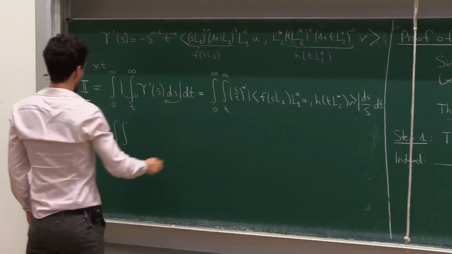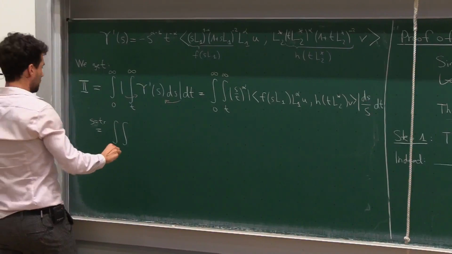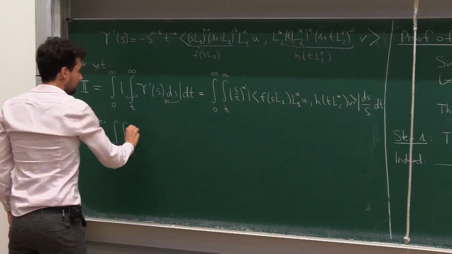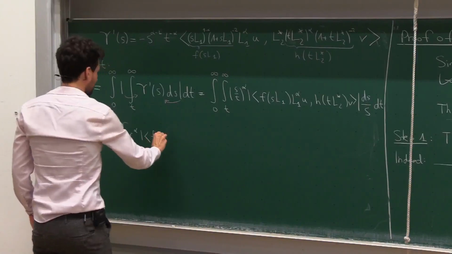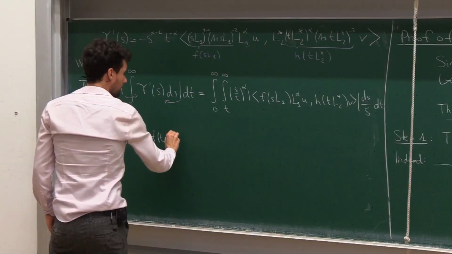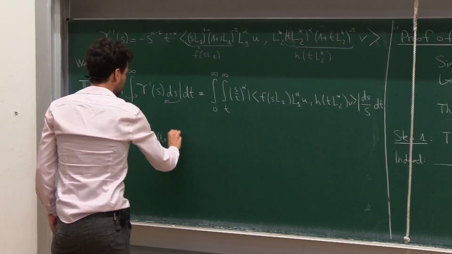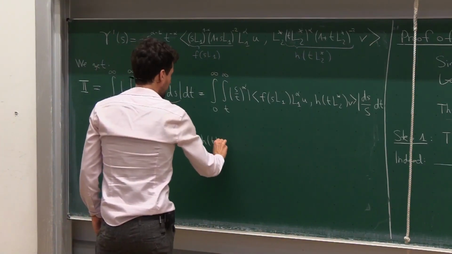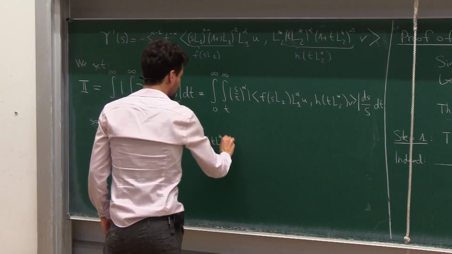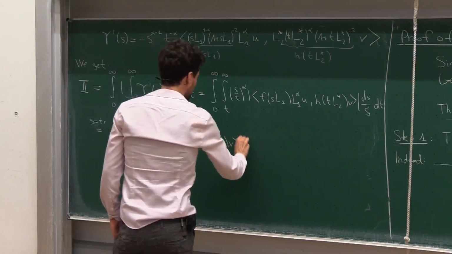S over T becomes just R to the alpha. And then these other things become F of TR, L1, L1 to the alpha U, H of T L2 star acting on V.